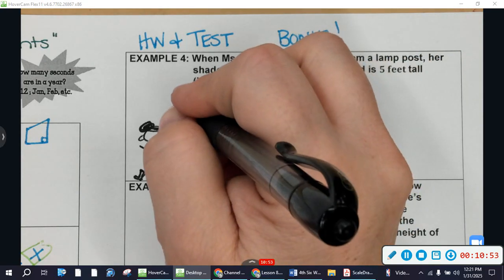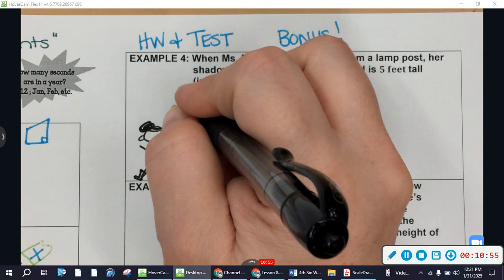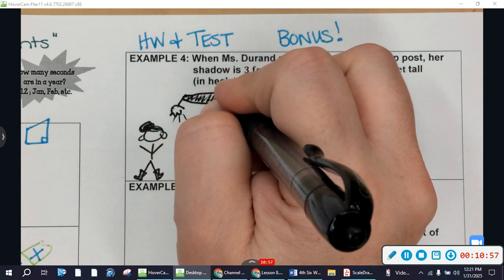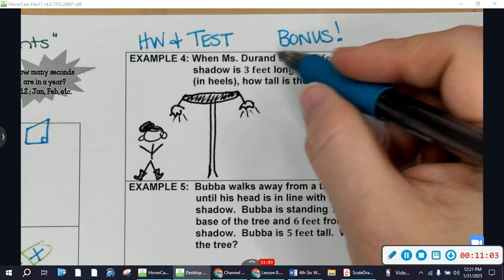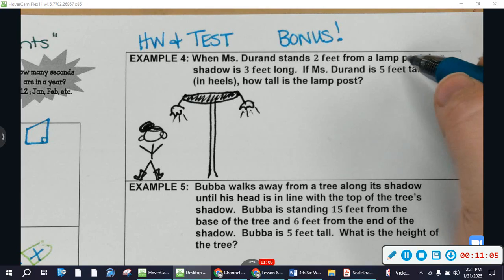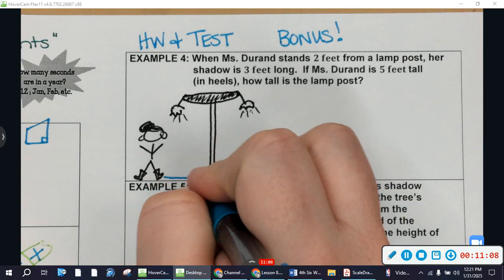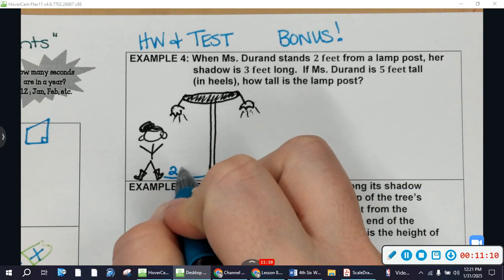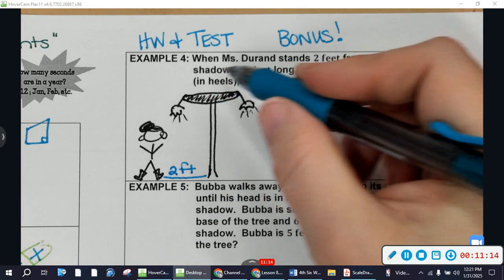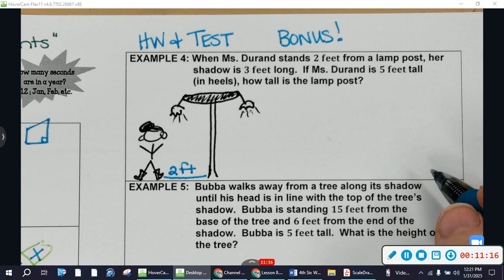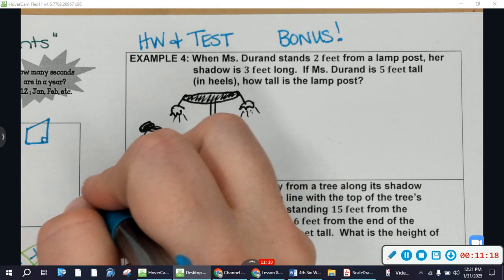Have fun with your lights and your lampposts and your people. So, then we label our information. I am standing 2 feet away from that lamppost, and my shadow is 3 feet long.